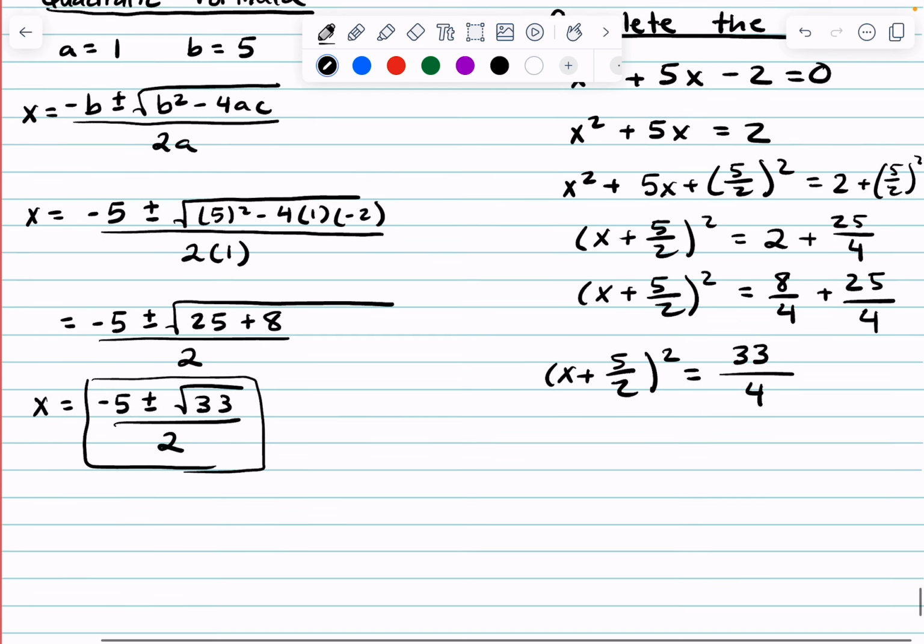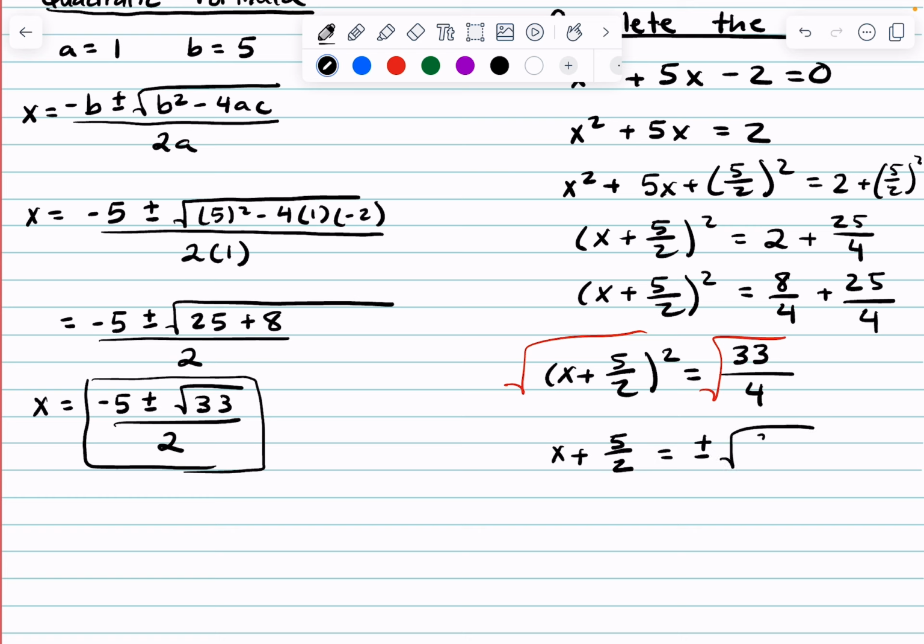Then we're going to go ahead and square root both sides. And we'll get x plus 5 over 2 is equal to plus or minus the square root of 33 over 4. But remember, when you're dividing and multiplying inside a radical, you can actually separate that division sign or that multiplying. You can't do it when you're adding or subtracting, but you can when you're multiplying and dividing.